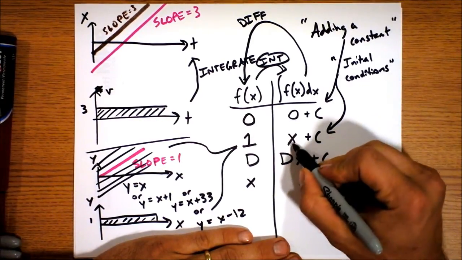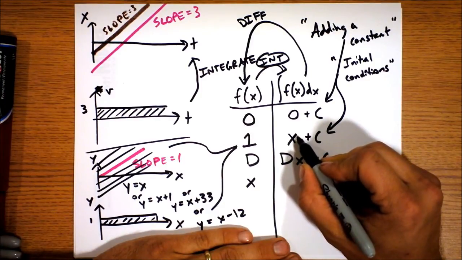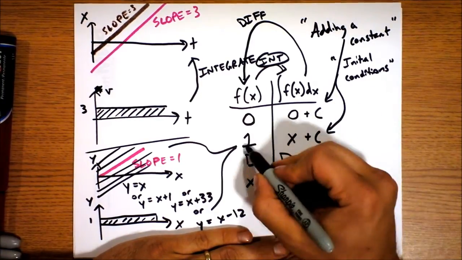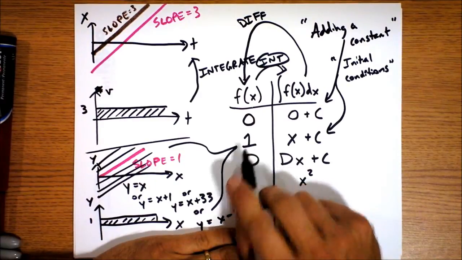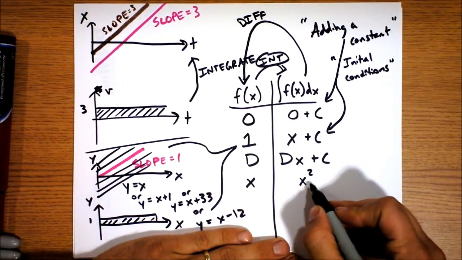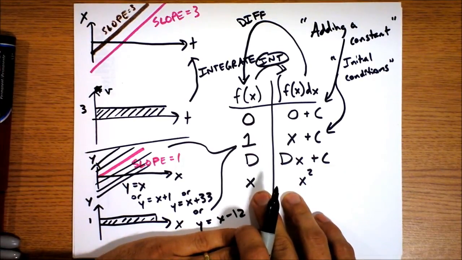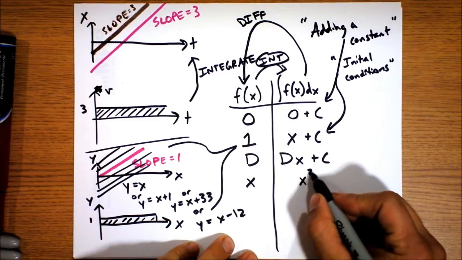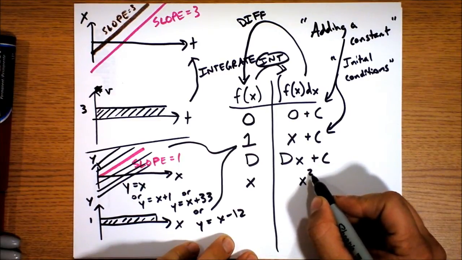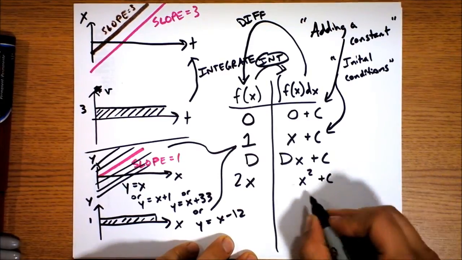Look here, as we're differentiating x plus c, the power of x was 1, and we lose a power of x, so we get x to the 0, which is equal to 1. So the x goes away. We're going to lose an x here, but this is not exactly right, because I'll remind you that this x squared differentiated is 2 times x. And then, of course, we have to add this c every time, right?